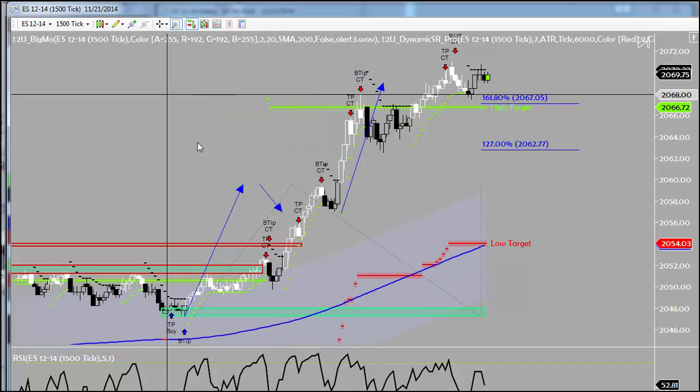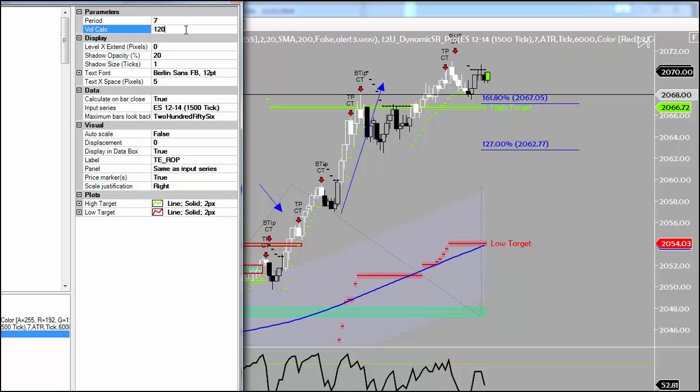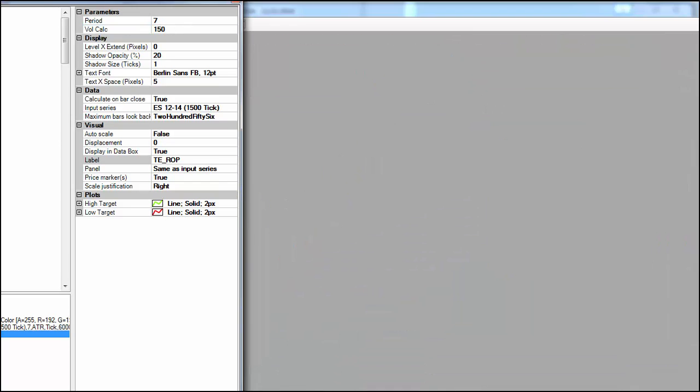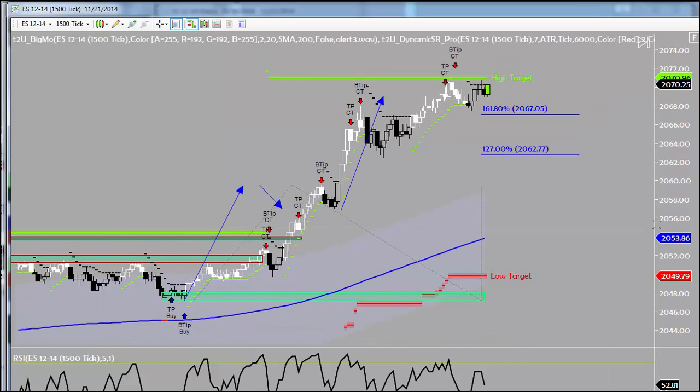So I can come in here, go to the indicator, and now let's go to the rule of projection, and let's look at 150% ATR. Takes the 7-period ATR times 150%, and then adds that to the lowest low of the day session.